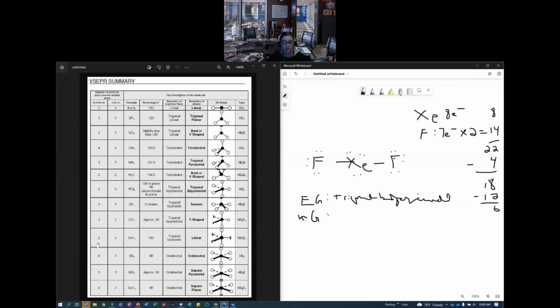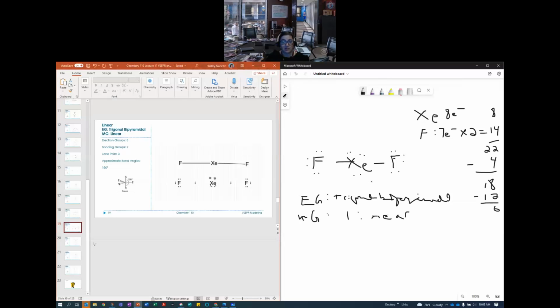And if you look, if you have 2 bonding, 3 non-bonding, that is a linear structure. Now, is this exactly the same as what we've talked about before? The bond angles actually are, because of the way that this works, but we have more electron geometry around it, so we have a more complicated structure. So this is very similar to what we talked about in the past, but this is another way that we get there. Okay, questions, comments, problems on XeF2?